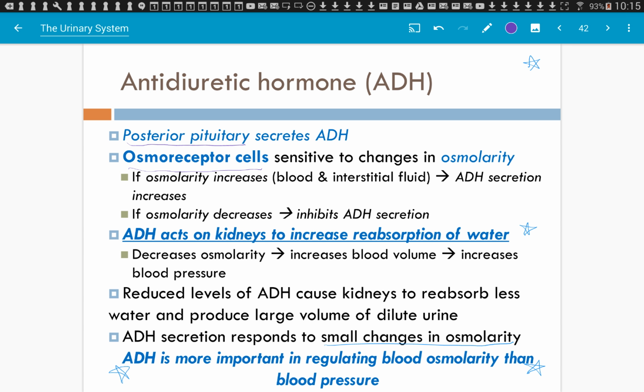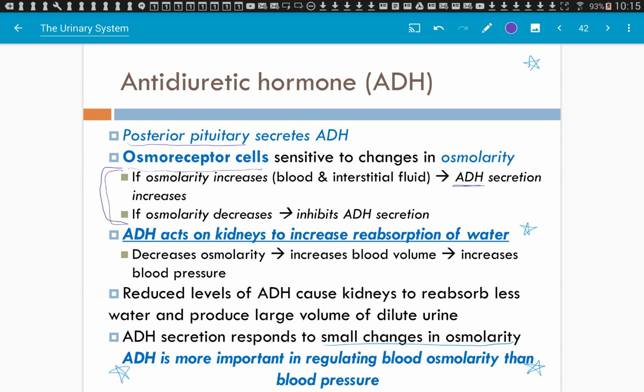If osmolarity increases, which means the concentration of stuff in your blood gets higher, that's going to cause antidiuretic hormone to be secreted, because now you want to conserve as much water as possible to help dilute all that stuff dissolved in the blood. On the other hand, if osmolarity decreases, which means your blood becomes more dilute, then you're going to stop producing antidiuretic hormone because you need to get rid of some extra fluid.